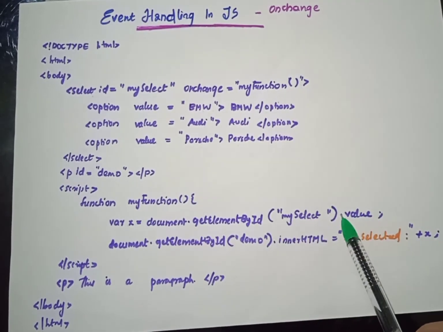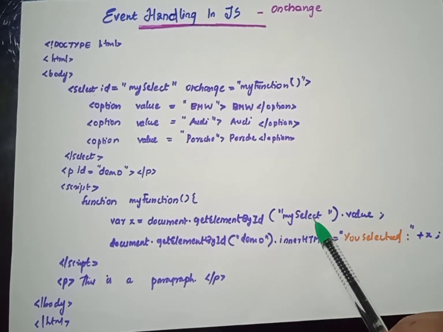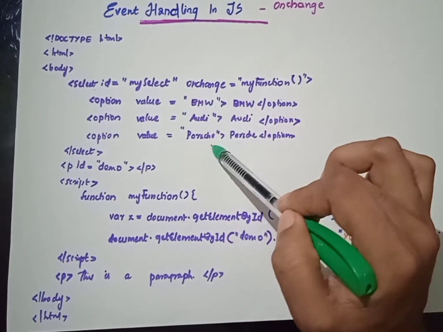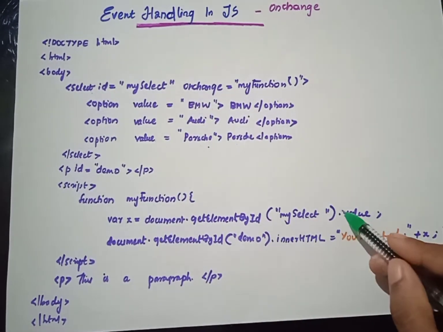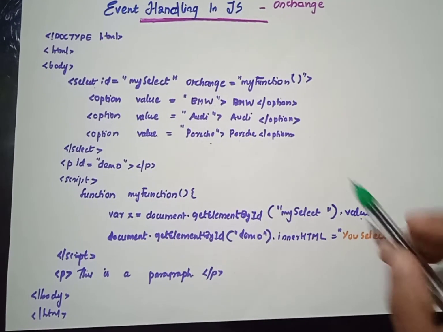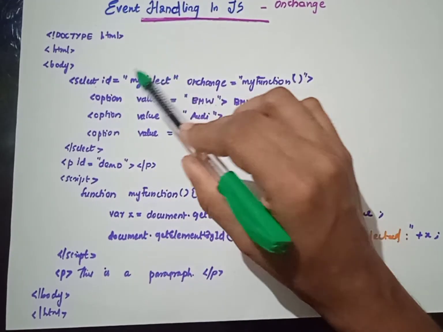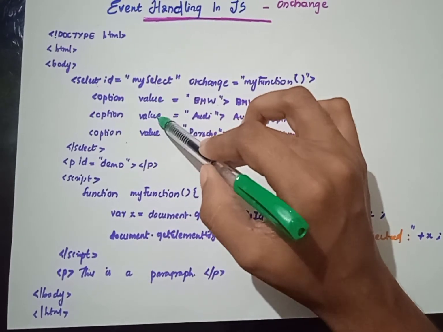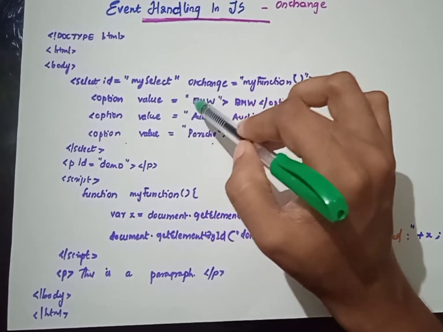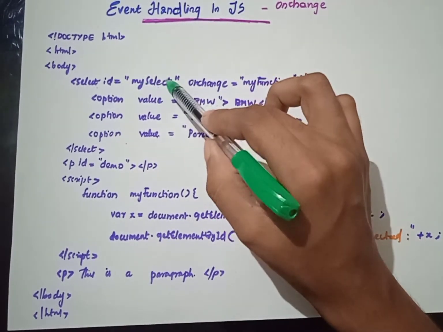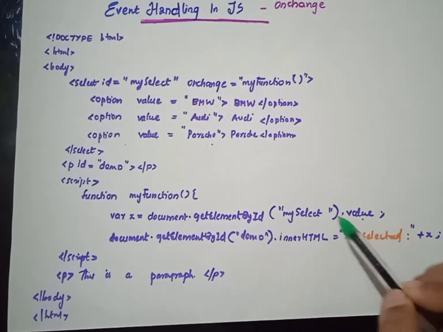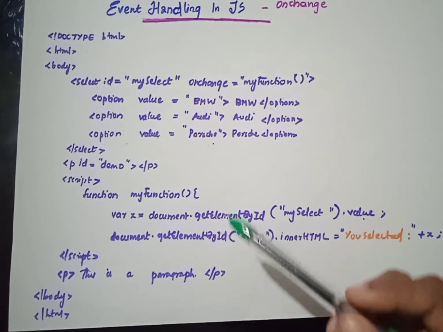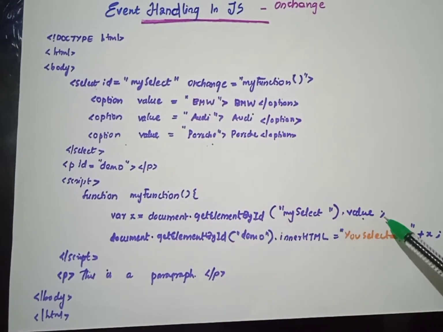It is also linked with dot value. Since my select is a select element, it can have three different options and there is no single value for the select. So we have to mention the value, and then only it can take that value and assign it to this variable. That is the purpose of this line.